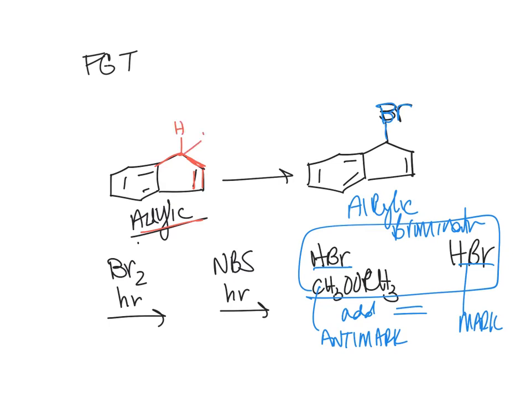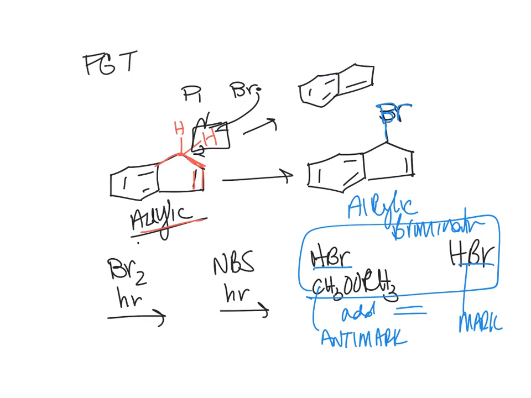What we did was we removed one of these hydrogens, propagation step 1. The bromine radical is going to do the hydrogen abstraction. So this is kind of like your POGL there. And that's HBr.